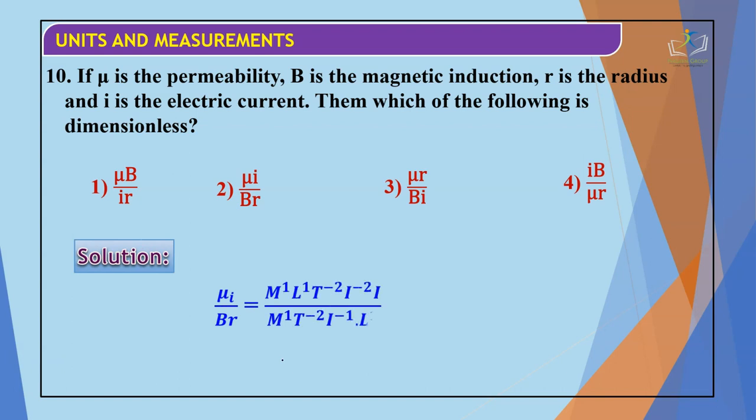So mu I by B R, if I put the mu value we know, that is M L T minus 2 I minus 2, and simply I over there, so I. Now B is M L T minus 2 I minus 1, and with the radius R, so again L. After solving, you can see no dimension is left, so the correct answer for this question is second.